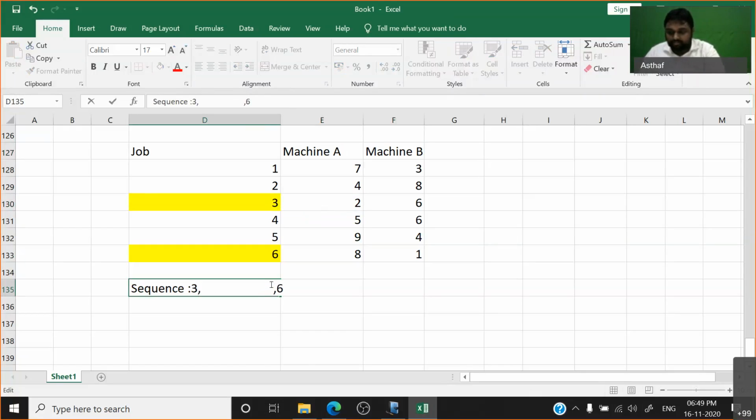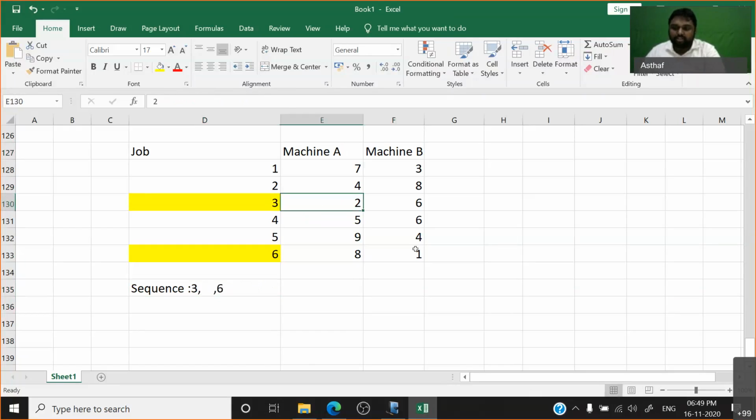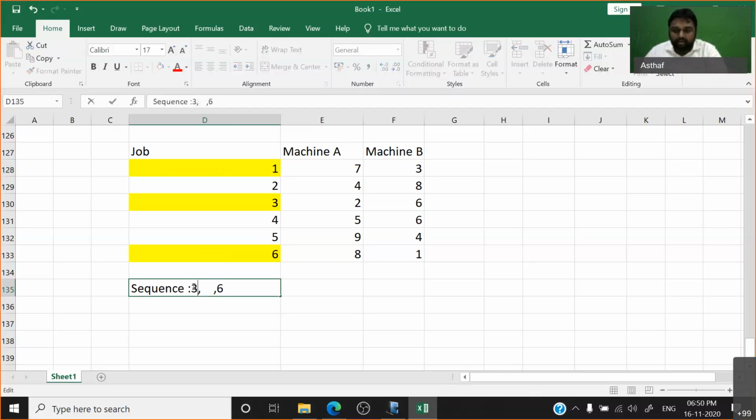See how interesting. Now this 2 is over. Next is machine B, this 3, which belongs to job 1. I will go very slowly; this will also be on your YouTube. This B is on the right side, so you put 1 on the right side. Now what is next? 4.